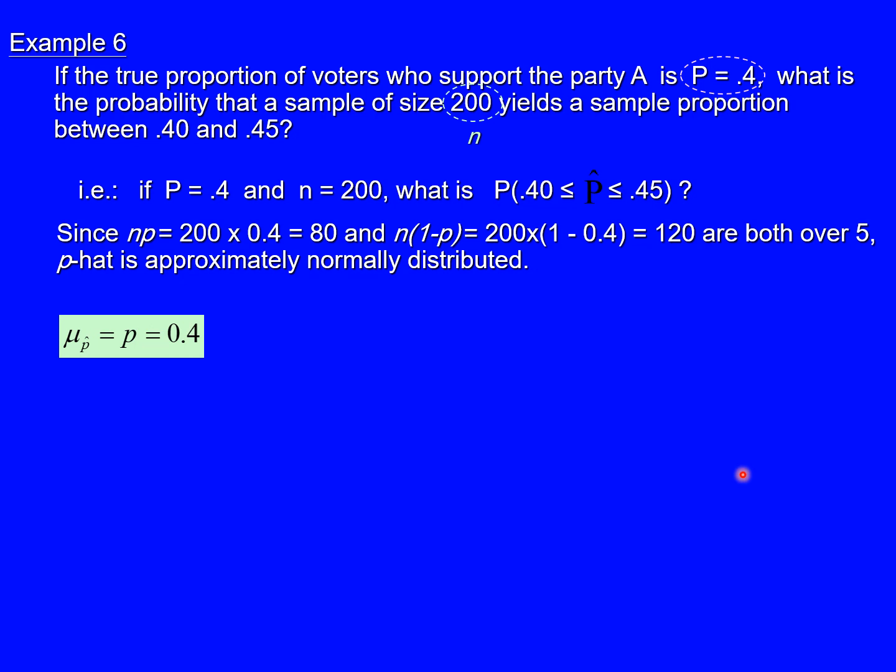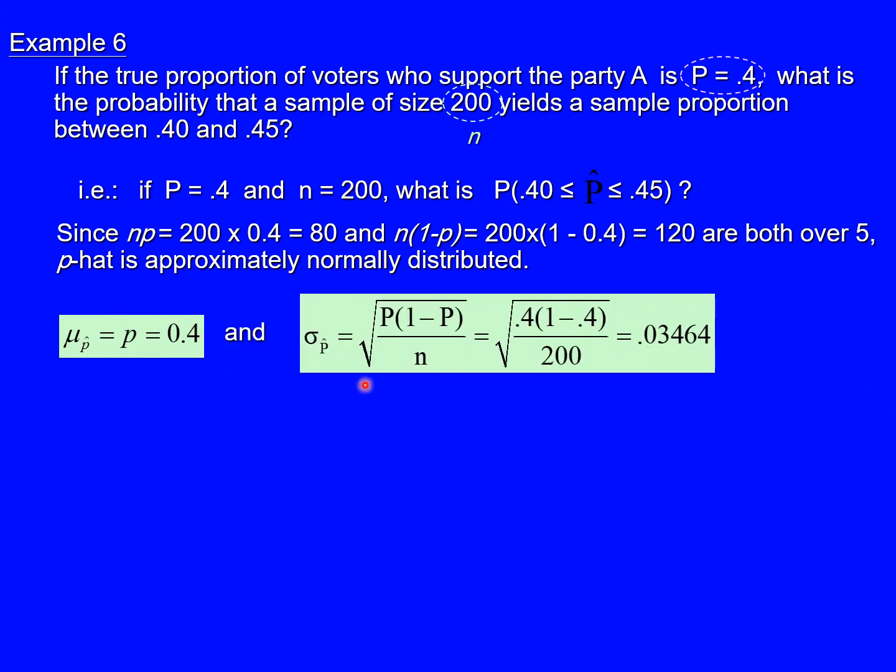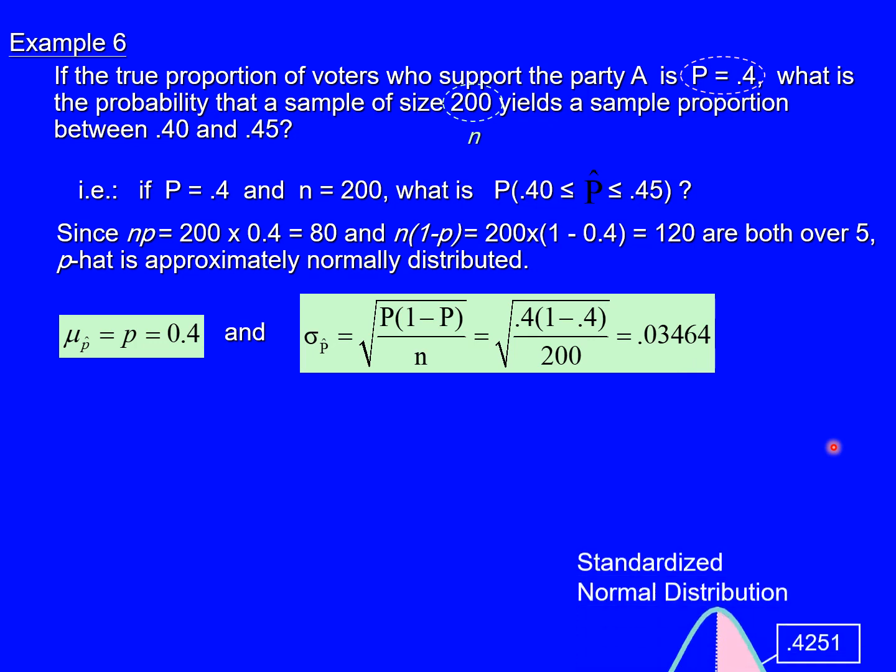Then p hat follows the normal distribution with mu p hat equals p, which equals 0.4, and standard error equals the square root of p times 1 minus p over n, which equals 0.03464.